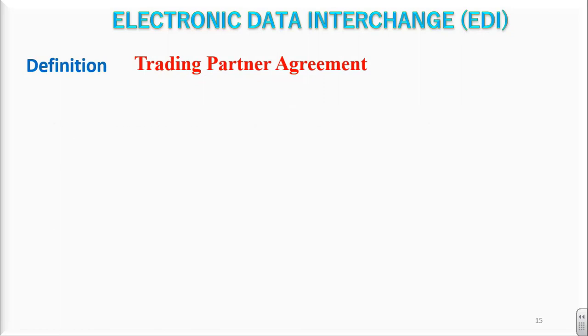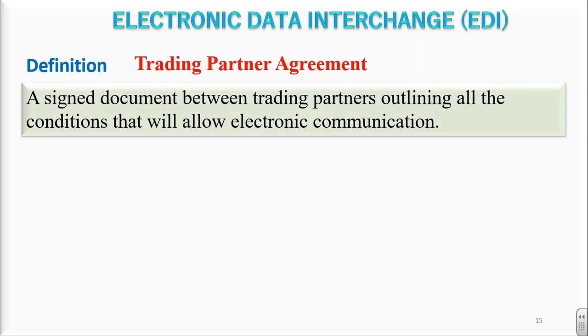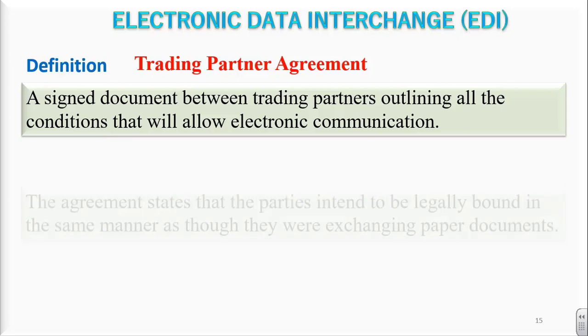Trading partner agreement. A signed document between trading partners outlining all the conditions that will allow electronic communication. It means suppliers and hospitals will enter into a trading partnership agreement and they will specify the terms and conditions in which they will allow electronic communication to take place.